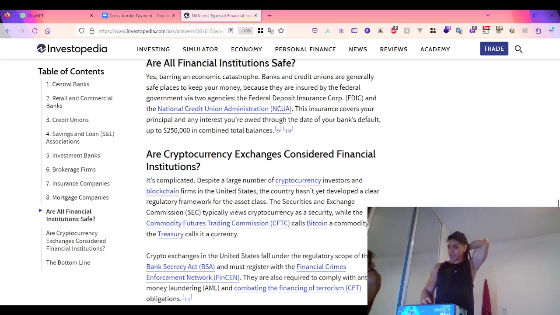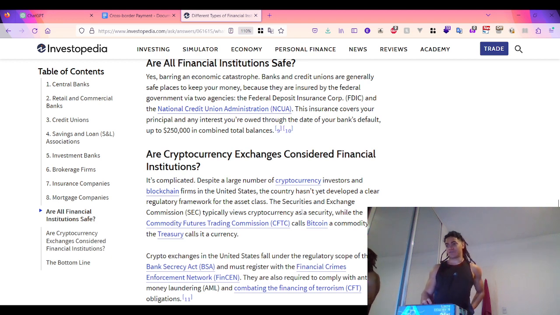Oh my God, the Treasury calls it a currency. The Commodity Futures Trading Commission calls Bitcoin a commodity, while the Securities and Exchange Commission (SEC) typically views cryptocurrencies as securities.